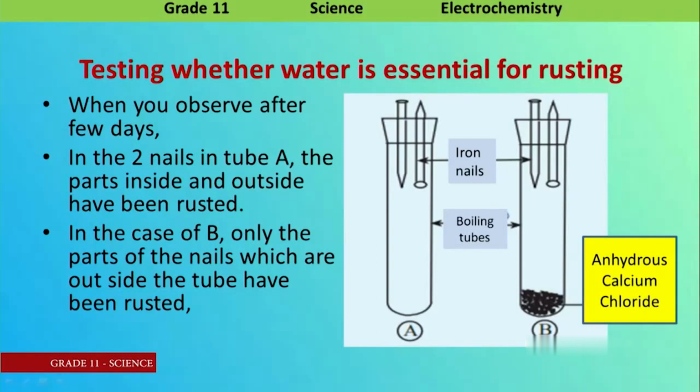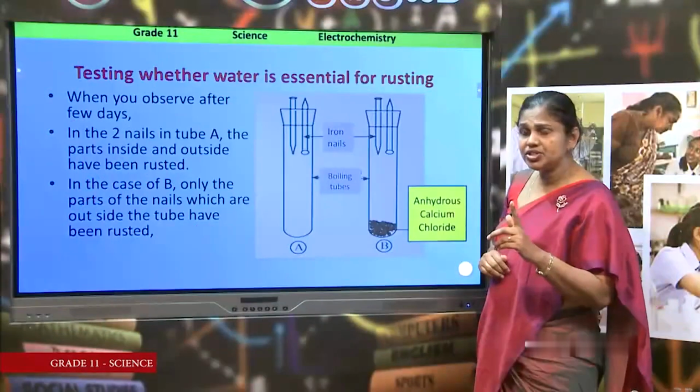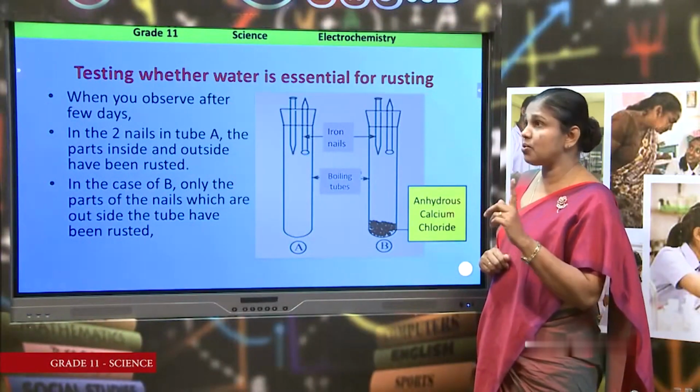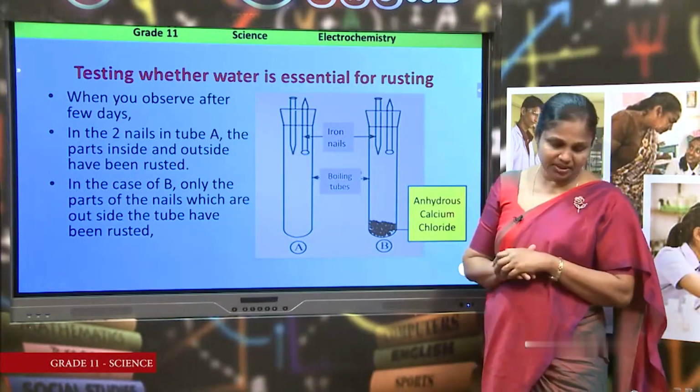By this, what can we confirm, children? The parts of the iron nails inside have not rusted because there is no moisture in this tube. This confirms moisture, water, is essential for rusting.